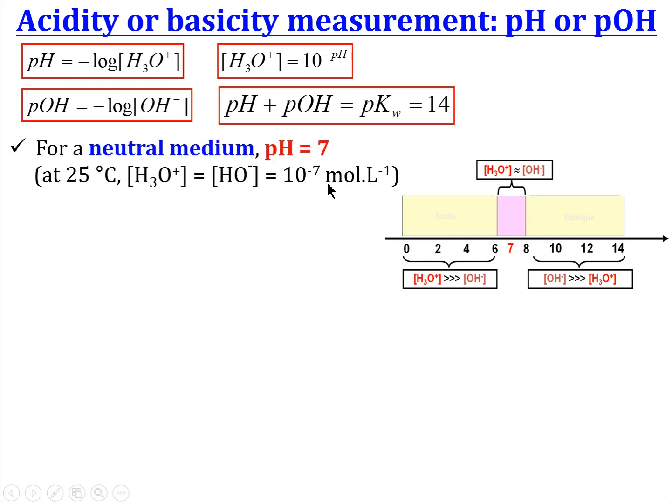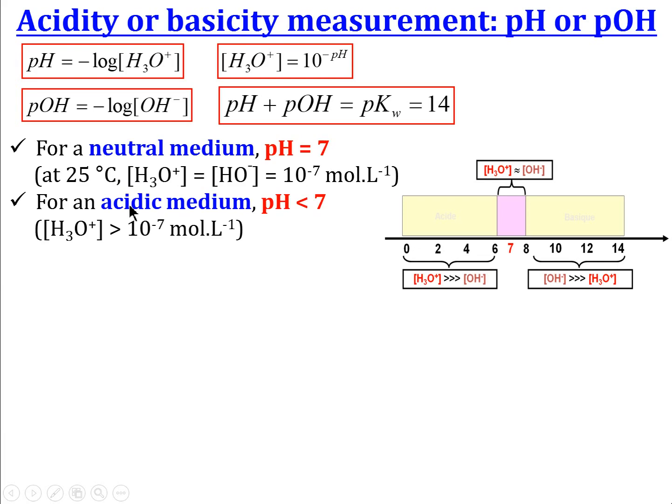If the pH of the solution measured is exactly 7, the solution is neutral and the concentration of H3O+ equals the concentration of OH- equals 10^-7 at 25 degrees. If the pH of the solution is less than 7, the solution is acidic and the concentration of H3O+ is greater than OH-.